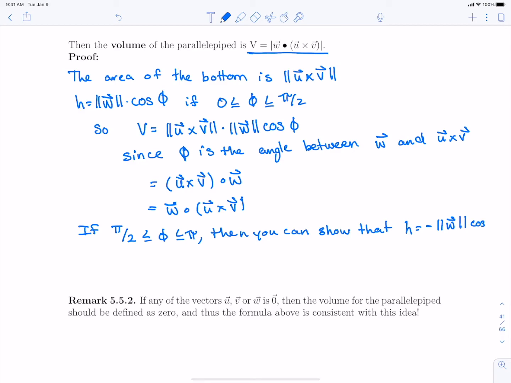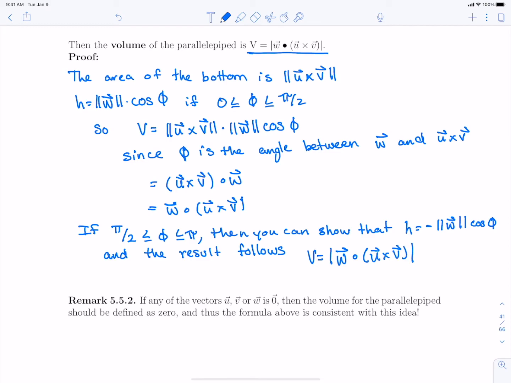And so then our cross product would be going in a different direction, so we'd have this negative. And the result follows. So if it's going in the other direction with negative, then it would follow that the volume would need to just be the absolute value.